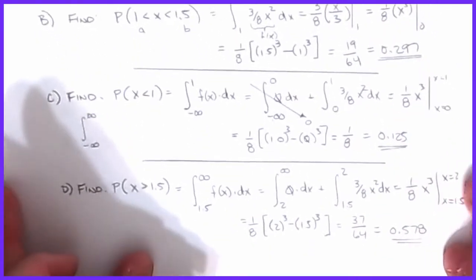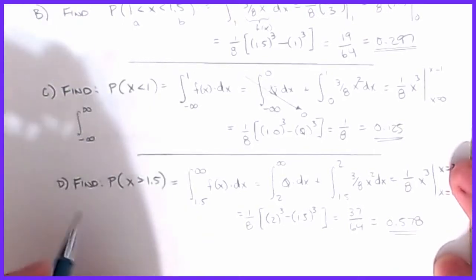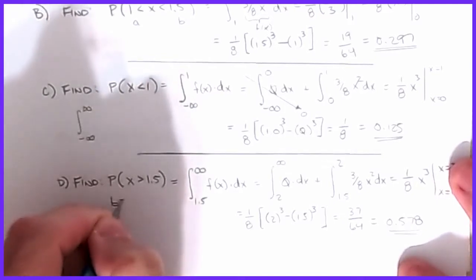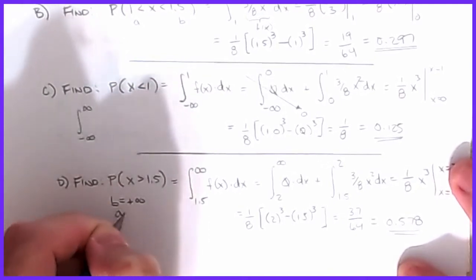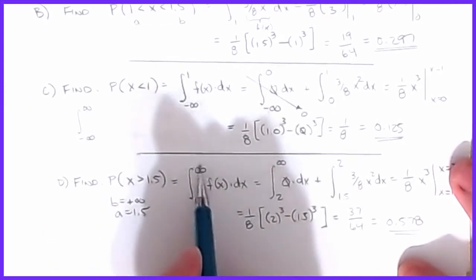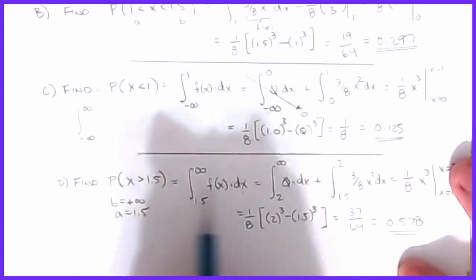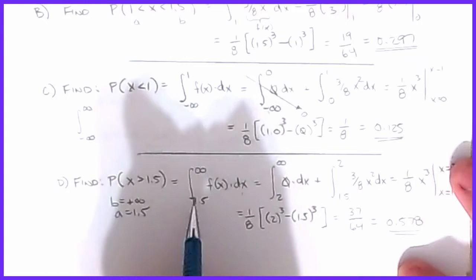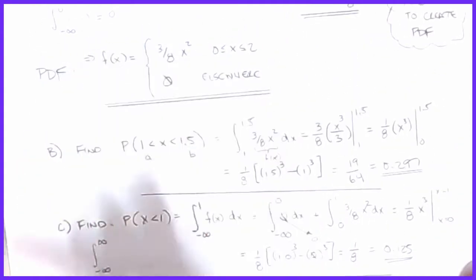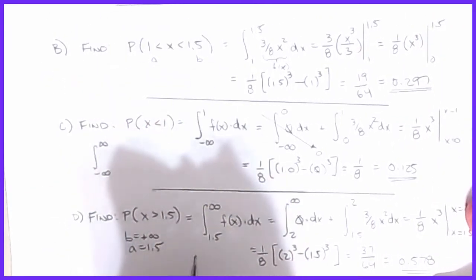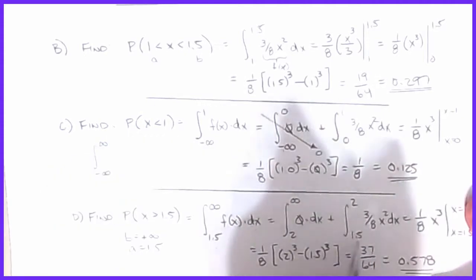Okay, you can do it on the upper bound as well. So now I'm doing it for x greater than 1.5. We're going to set b as positive infinity and a as 1.5, and I throw it into my integral, and away we go. So here's the infinity, here's the 1.5, f of x dx, plug it in and go. Just like we did before, because from 2 to infinity is in my undefined range beyond 2, the only piece that contributes to the probability is the portion that lives between 1.5 and 2.